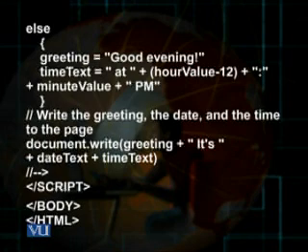After that, because of the plus sign, the concatenation sign, the values filled in the variable time text would appear. Time text holds the minute values and the hour values for me, and these values therefore would be printed. And then I close the script, the body and the HTML tag.